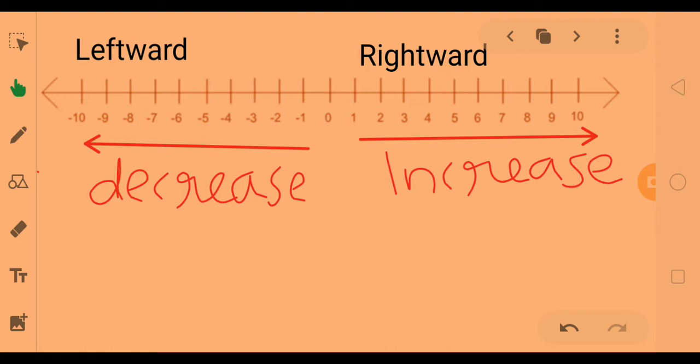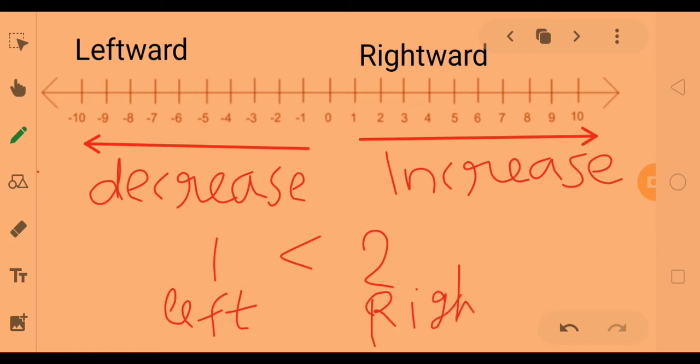If you take any two integers, say 1 and 2, we find that 2 is larger than 1. Otherwise we can say that 1 is less than 2. On a number line, 1 is on the left side and 2 is on the right side.